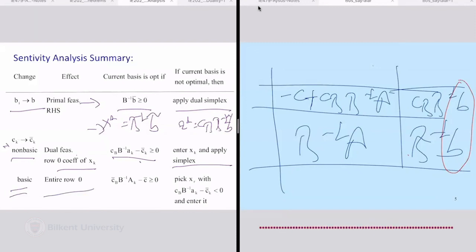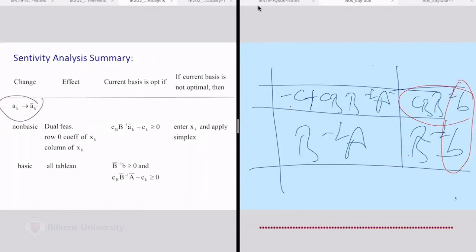You have to reconstruct row 0 and see who wants to enter or not. If still everybody is non-negative, you're still fine. If somebody wants to enter, you enter whoever has the most negative entry. Do not forget to update your CB B inverse b value even if your current solution is still optimal. Okay?